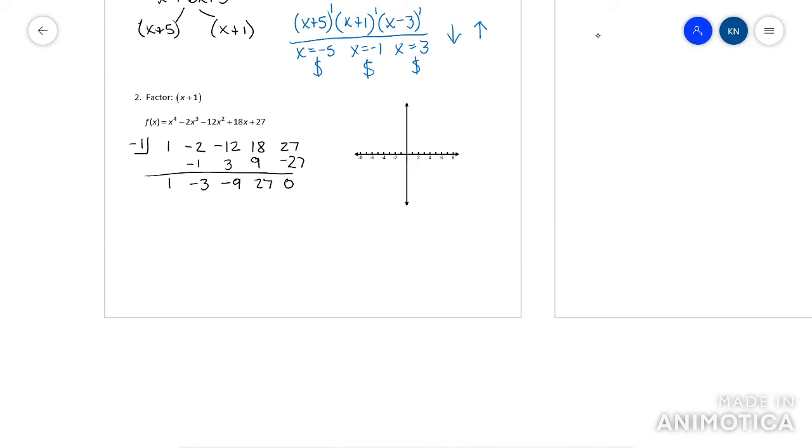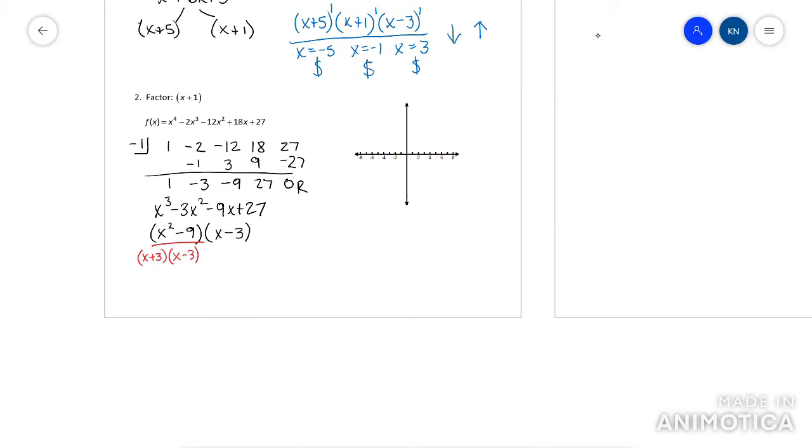All right, I got 0 remainder, so that's a good thing. So I'm left with x cubed minus 3x squared minus 9x plus 27. This factors further, and then this guy, the x squared minus 9, is a difference of squares that would factor even further to x plus 3, x minus 3.